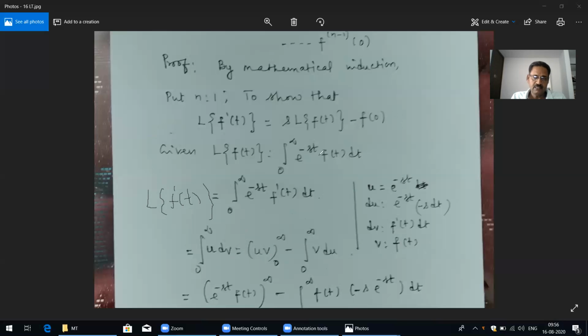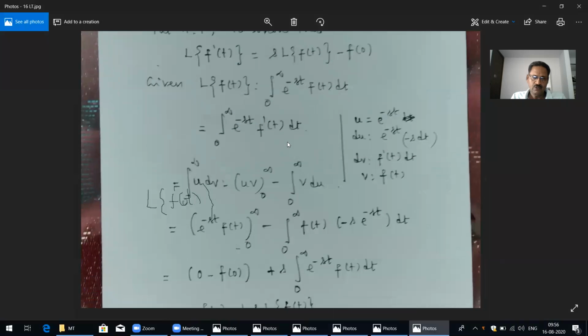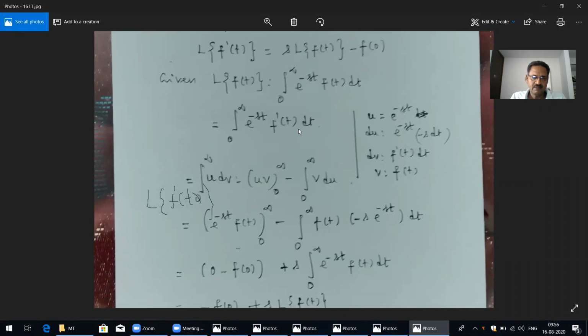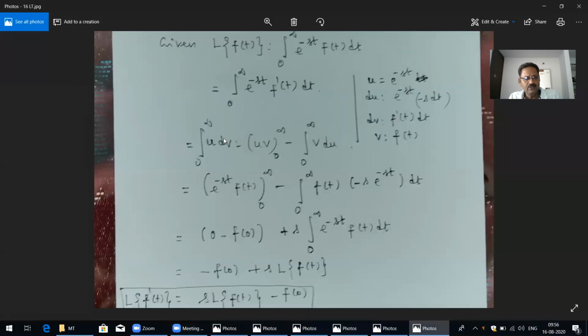You clear? Then after this, you just replace the value here. The integral from 0 to infinity of u dv equals uv from 0 to infinity minus the integral from 0 to infinity of v du.